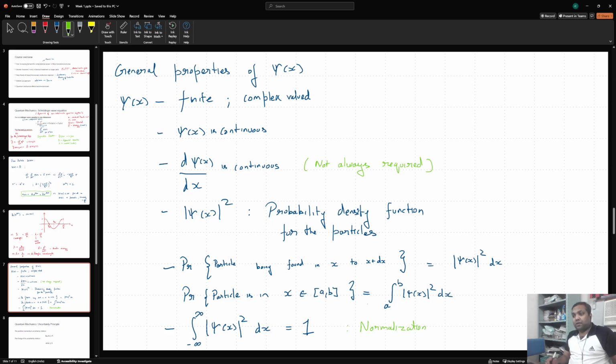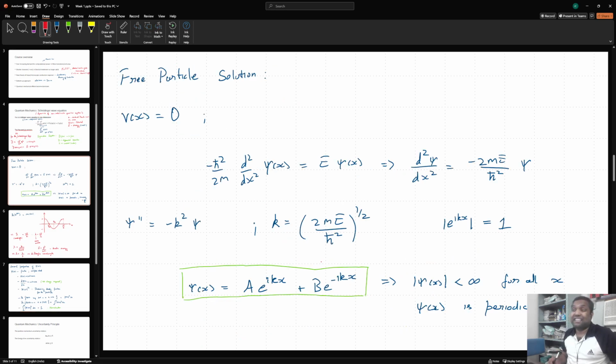Now looking at this, one may be inclined to go back and ask, can this function be normalized? The answer to that is actually no, because the integral of this function diverges. But as a counterpoint, this is the situation where there is no potential anywhere in a 1D system, which means the particle is completely free.